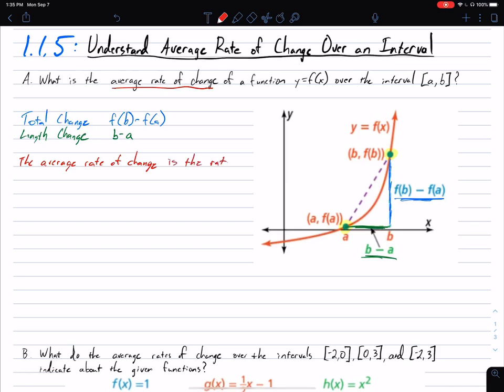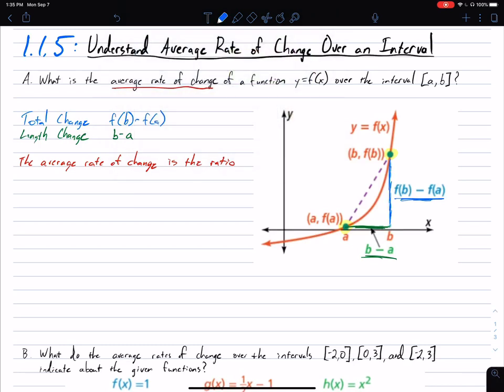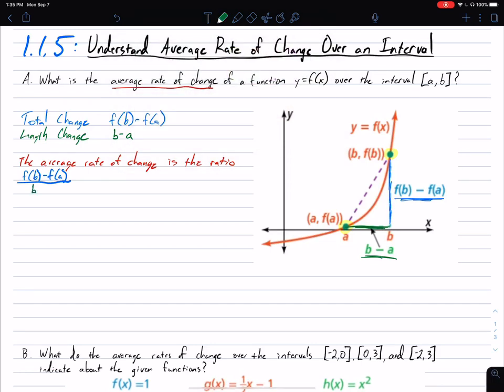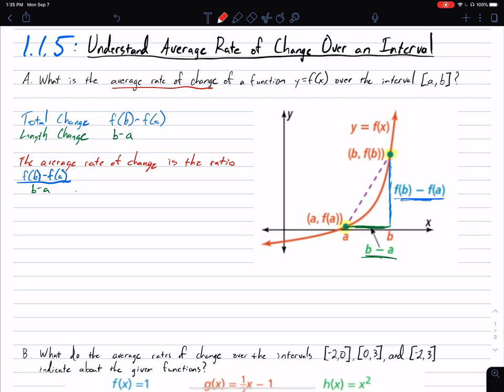So as the ratio, f of b minus f of a over b minus a. Now that may or may not look familiar to you, but this is our slope, all right? f of b minus f of a, those are my y values.